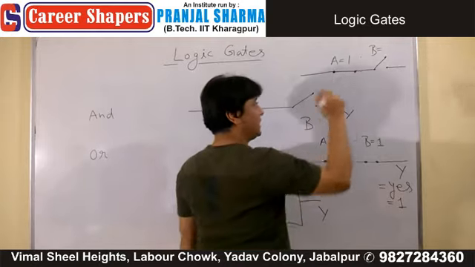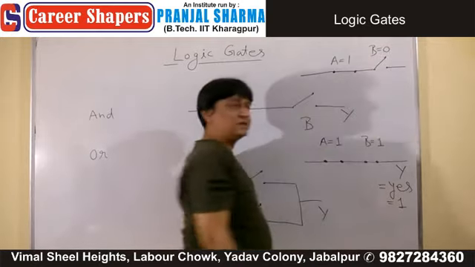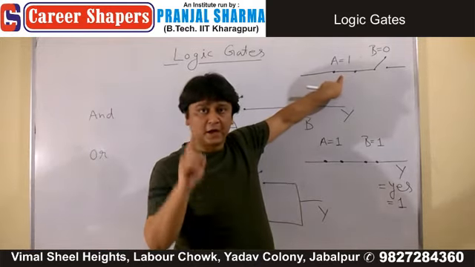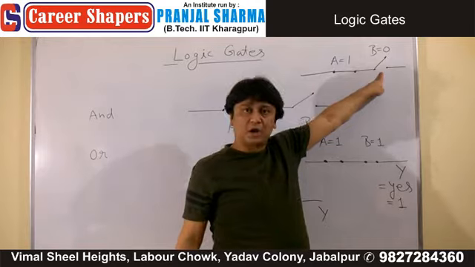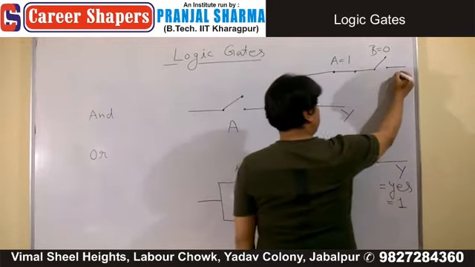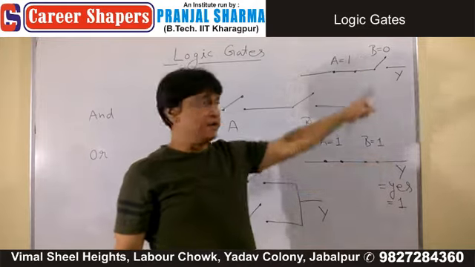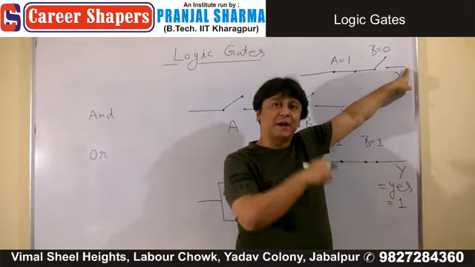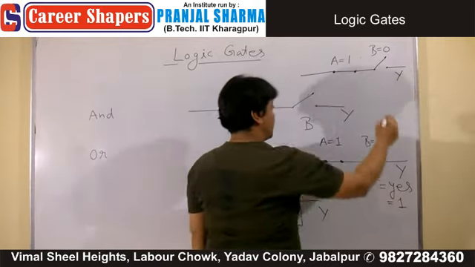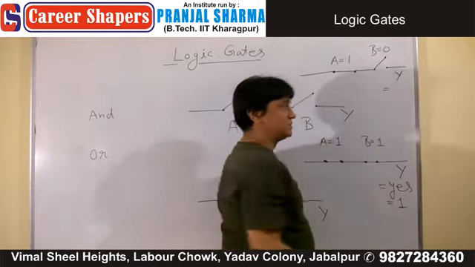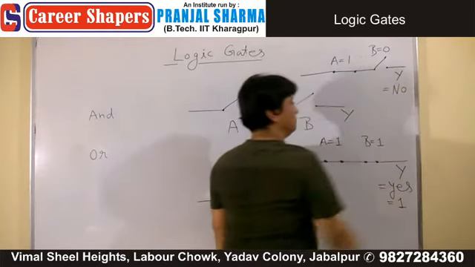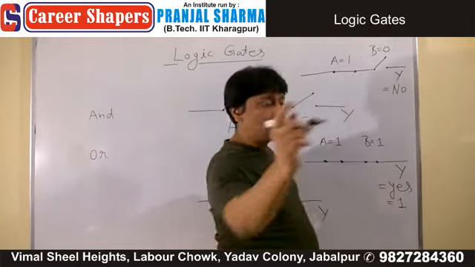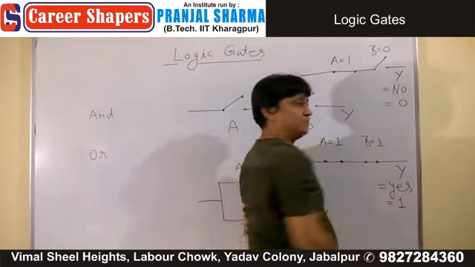If no current can flow through this point, you will say that B is what? 0. You have allowed current flow, you have not allowed current flow. Now, somebody expecting a current over here, if you ask him whether he would expect a current at this place, then I know that you know the answer, and the answer is what? No. No current can reach this place. No means 0.